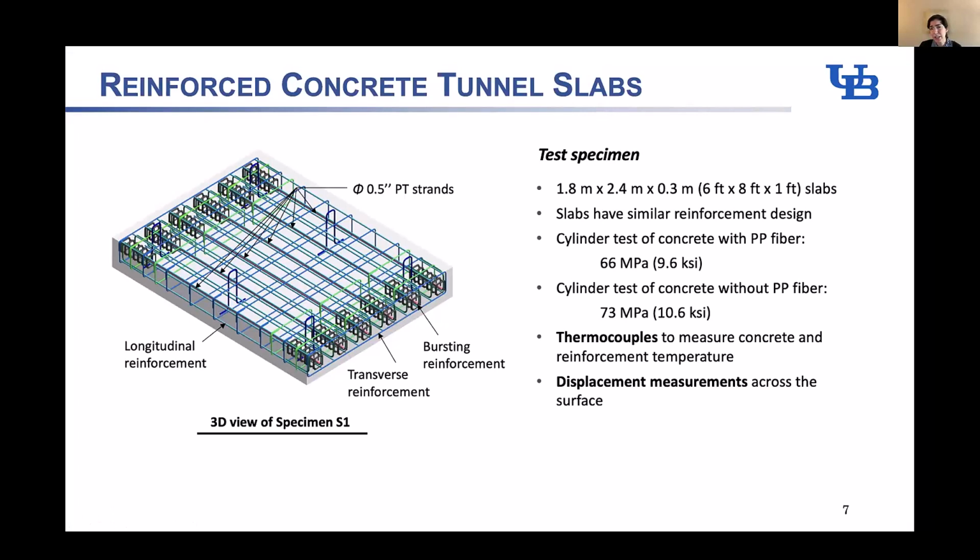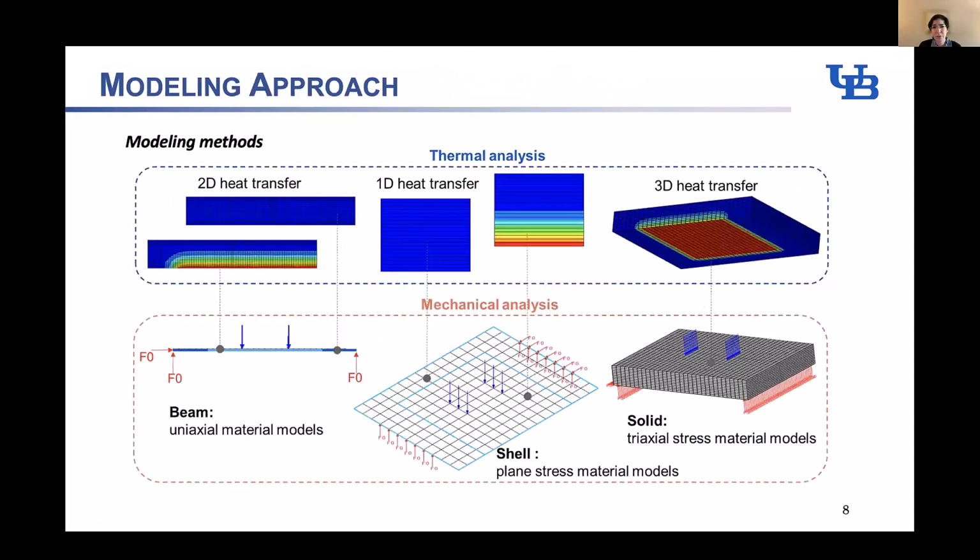The cylinder test gave us a concrete strength of 66 MPa and 73 MPa with fibers and without fibers. And we had, as mentioned before, several thermocouples distributed inside the specimen to get the temperatures.